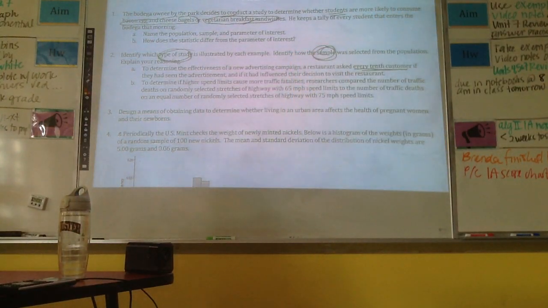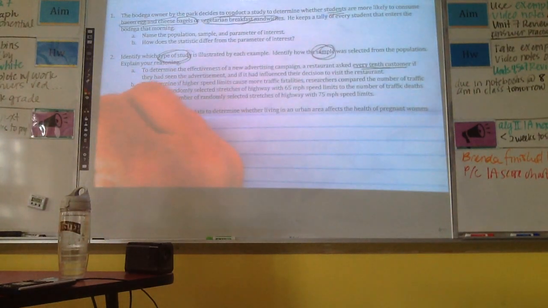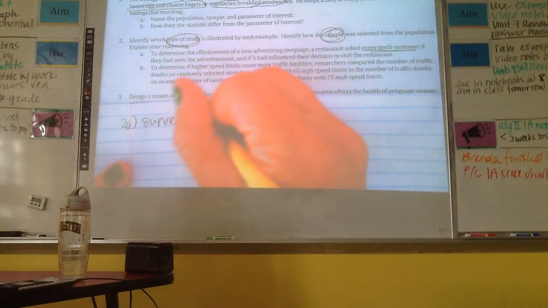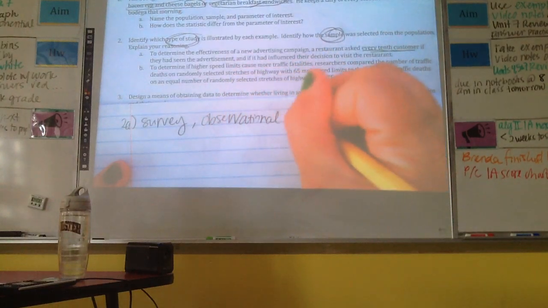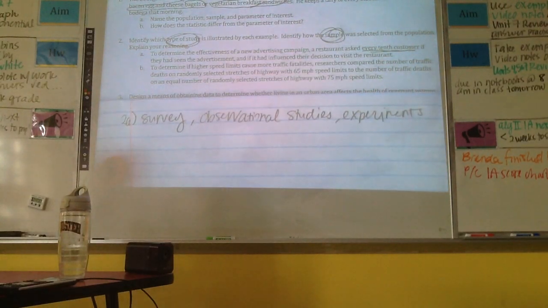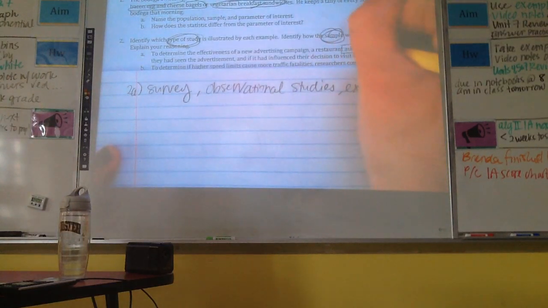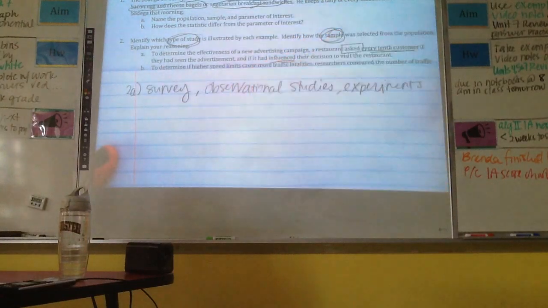Okay, types of studies, there are three options. We've learned about surveys. We've learned about observational studies. And we've learned about experiments. So these are your three types of studies you have to choose from. In this case, it sounds like it's going to be a survey, except they want to see if there's an influence, right?